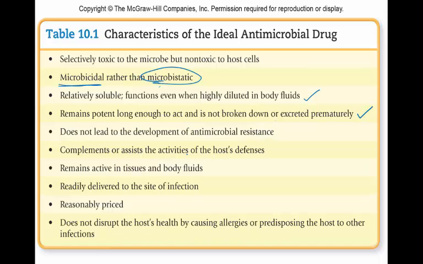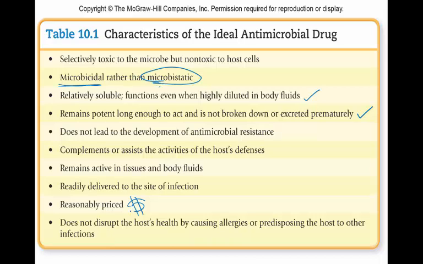That would be great. Complementing the host defenses. Again, remaining active in tissues and bodily fluids so it's not broken down or deactivated in some way. Gets to where you need it, so it's readily delivered to the site of infection. The cost always comes in somewhere. And it doesn't disrupt the host's health by causing allergies or predisposing you to other infections.